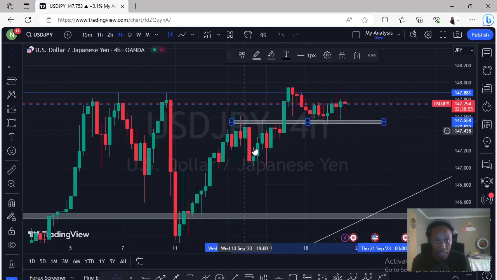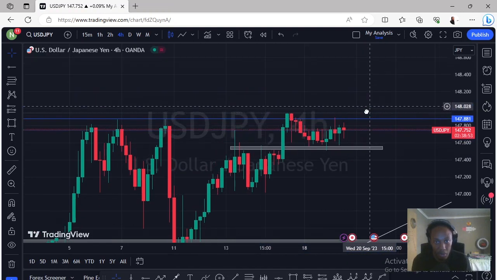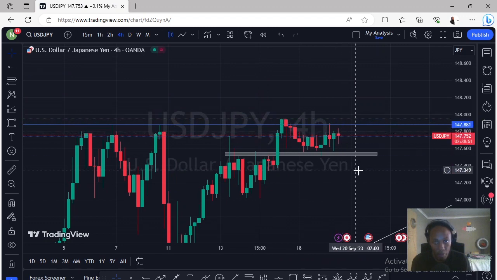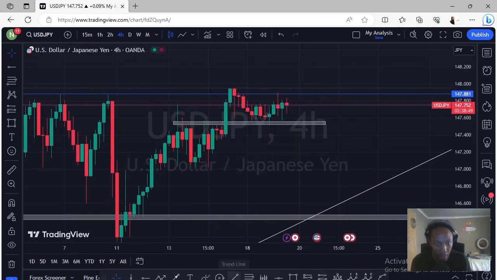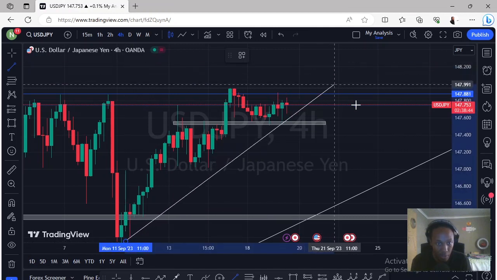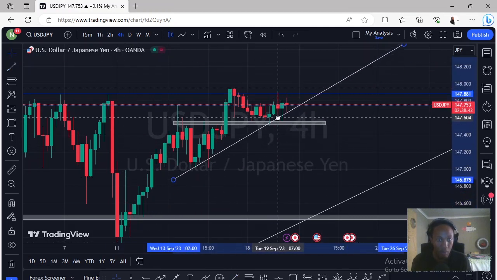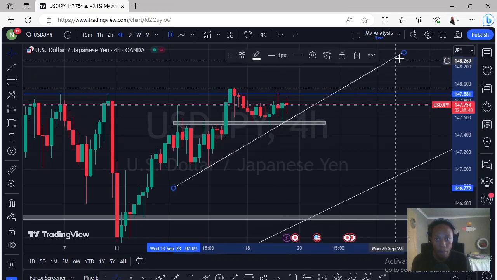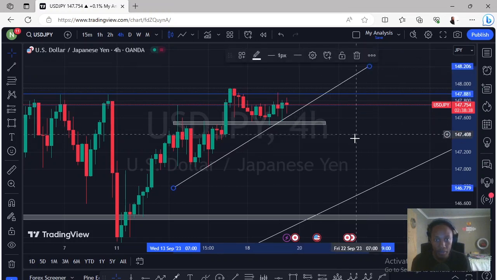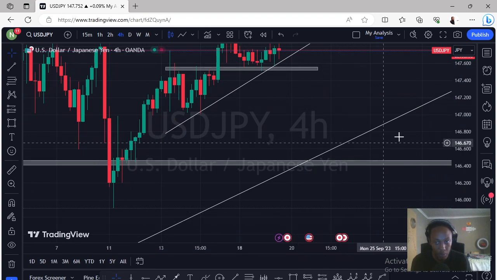So we have this higher high, higher low, higher high, higher low. So if ever we fail to break this resistance over there, then we're definitely coming to this trend line.